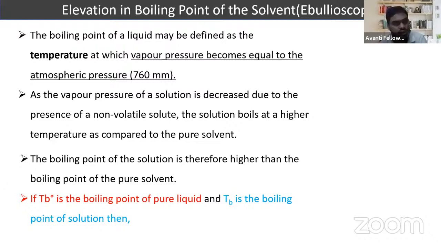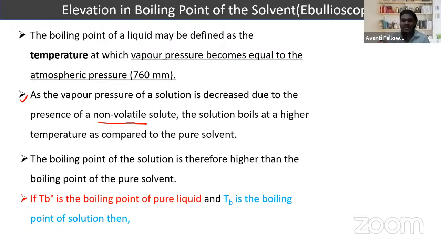As we add non-volatile solute, the vapor pressure starts decreasing. So as the vapor pressure of the solution is decreased due to the presence of non-volatile solute, the solution boils at a higher temperature as compared to the pure solvent, right?